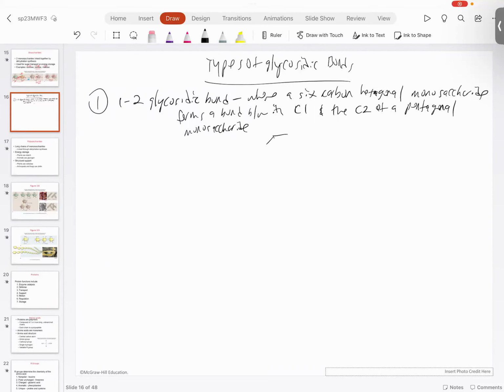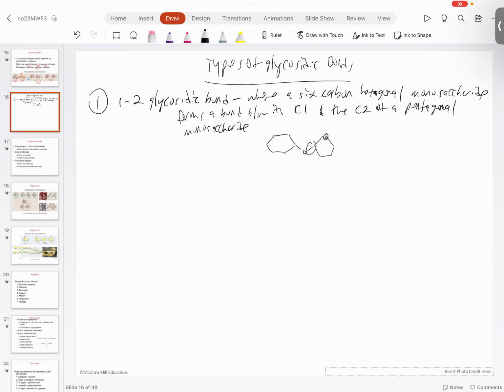So like we just saw, your glucose forming a connection between itself and the pentagonal ring.